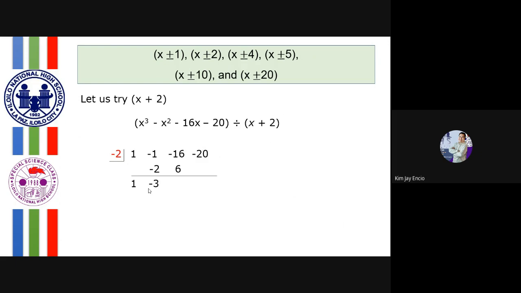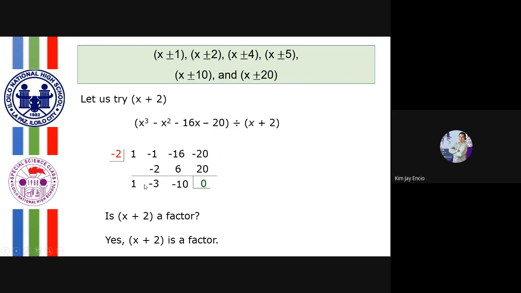Adding them gives negative 10. Negative 2 times negative 10 is positive 20. And adding them gives 0, right? Hence, since the remainder here is 0, then x plus 2 is a factor of x cubed minus x squared minus 16x minus 20.